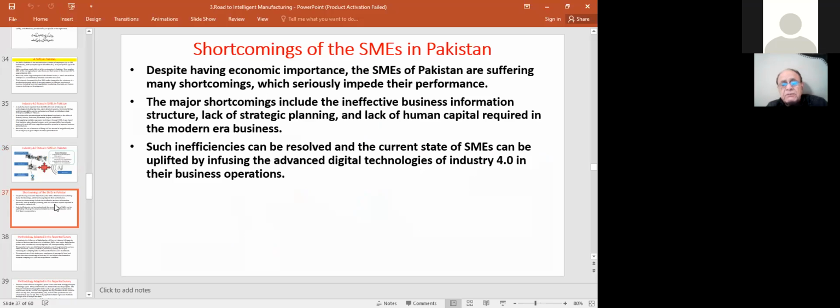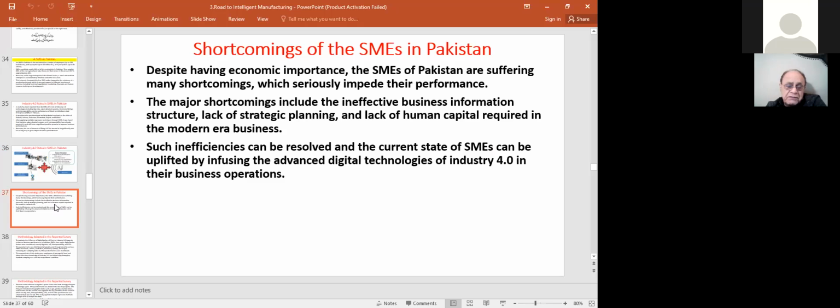Major shortcomings in SMEs in Pakistan are an ineffective business information structure, lack of strategic planning, and lack of human capital required in modern-era business.